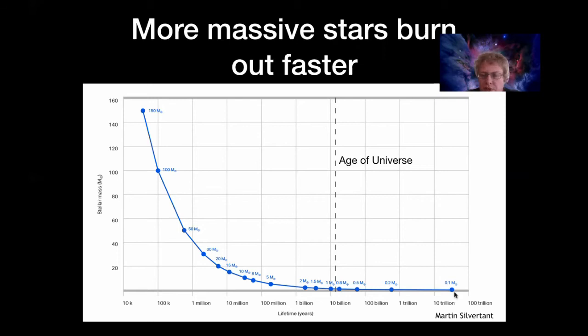And when you go down to the very smallest stars, the stars that are only about 1/10 the mass of the sun, they can burn for mind-boggling amounts of time, trillions of years. So it really makes a huge difference how much mass you have for how long a star can stay on the main sequence and keep burning hydrogen.